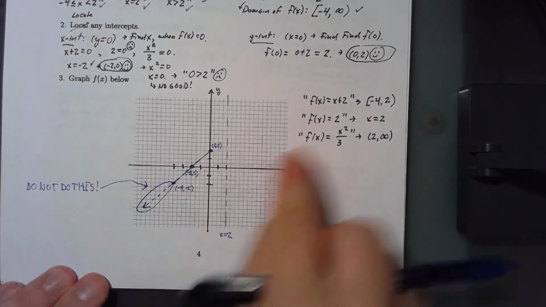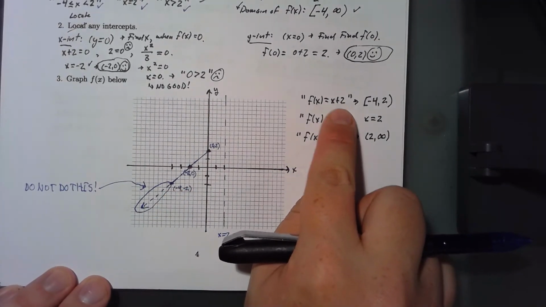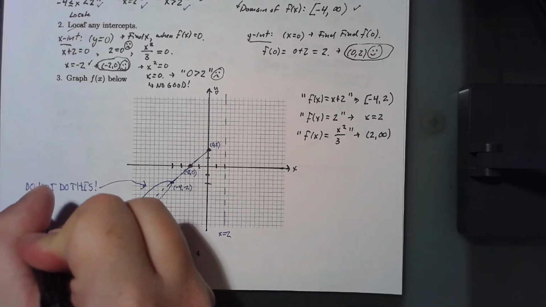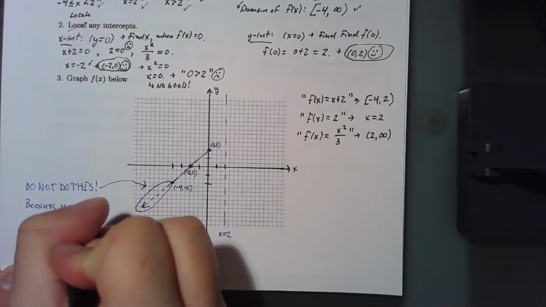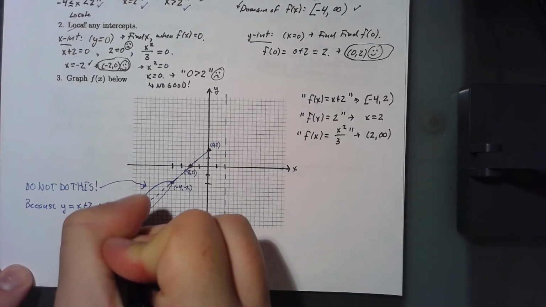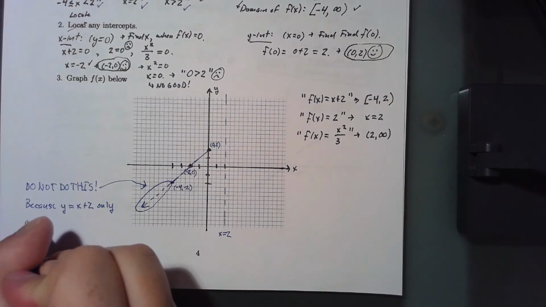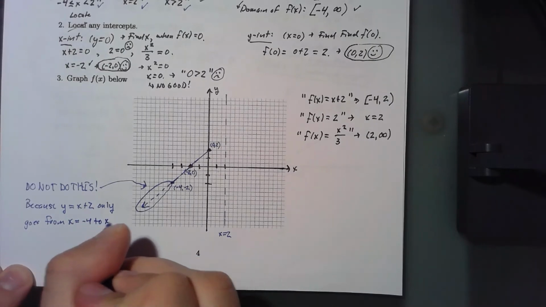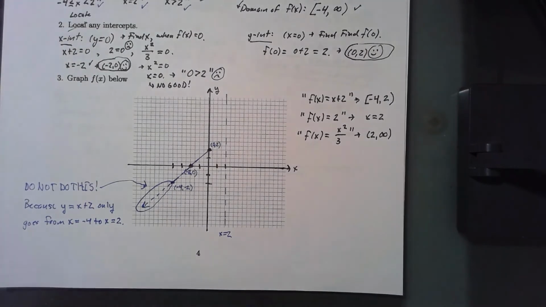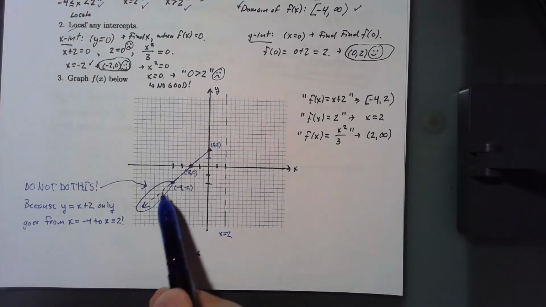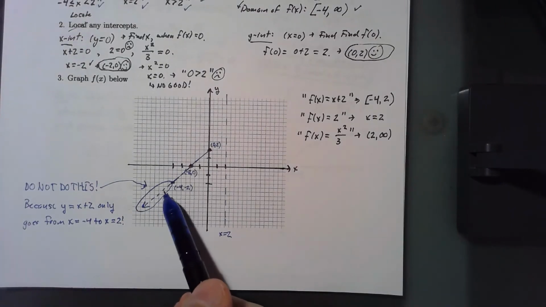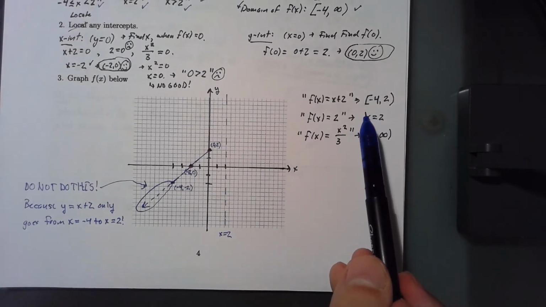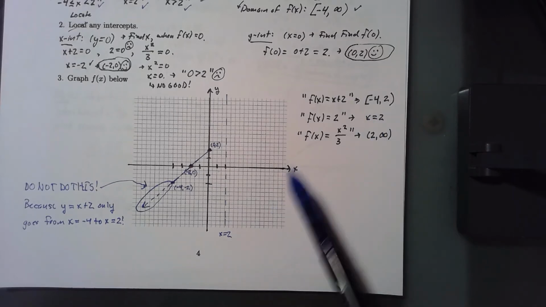Because my line x plus 2 only goes from -4 to 2. If I were to do this, you're suggesting that x goes out to -infinity, but it doesn't. That's not how my piecewise function is defined. So just be careful about that.